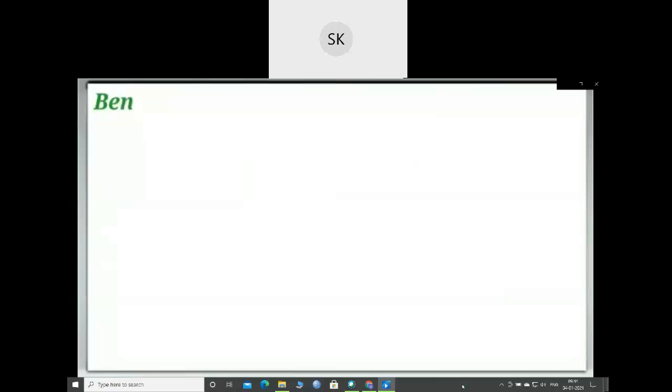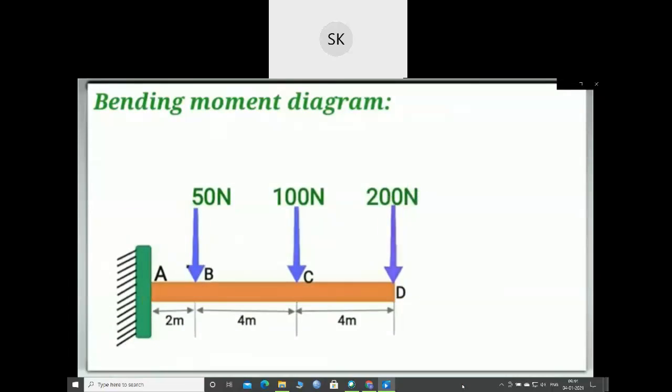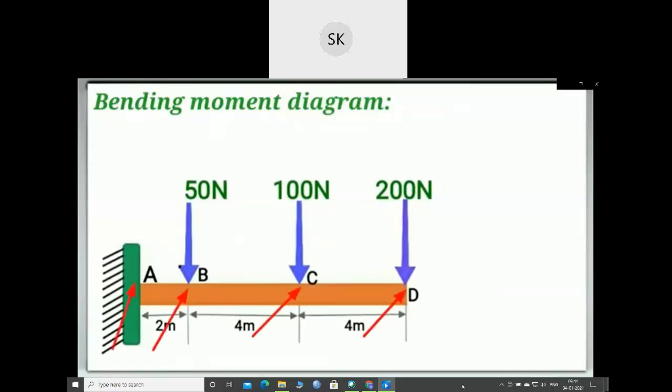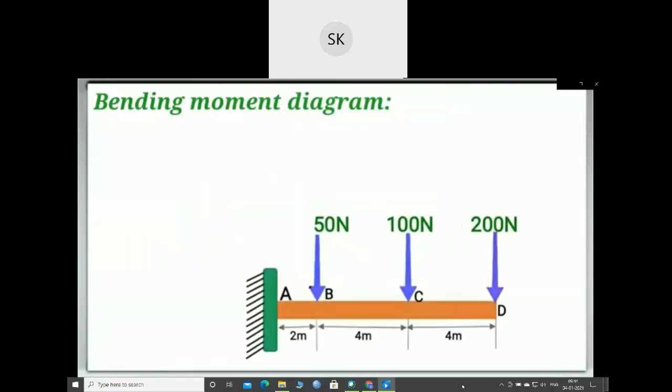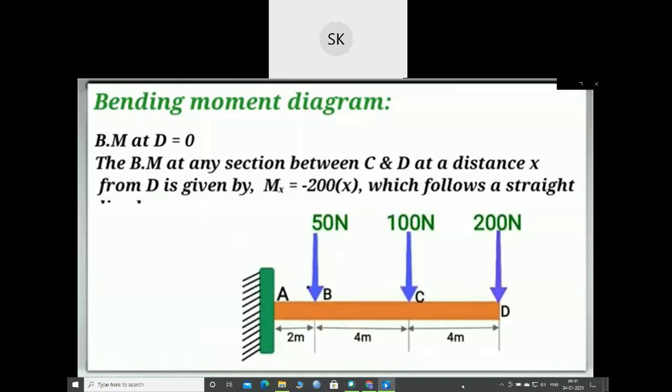Now for drawing the bending moment diagram, we will calculate the values of bending moment at all the 4 points A, B, C and D. The bending moment at point D will be equal to 0, and the bending moment at any section between C and D at a distance x from point D will be given by Mx equal to minus 200 into x, which follows a straight line law, which means the bending moment diagram between C and D will be a straight line but with a negative slope.